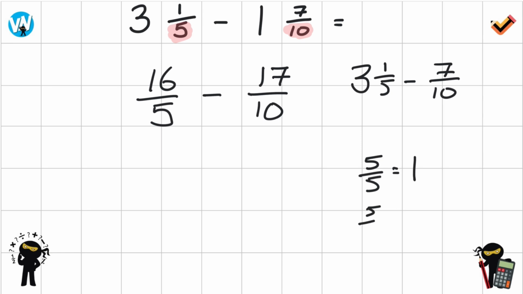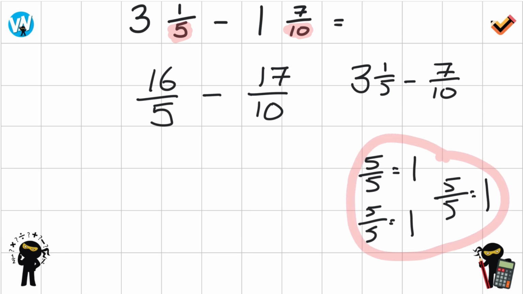If we have another 5 over 5, that's equal to another whole. And if we have another 5/5, that's equal to another whole. So essentially here, we have 15/5, which is equal to 3, isn't it? If we worked out how many of the denominator in the numerator, that's equal to 3. So that's what this 3 actually represents.